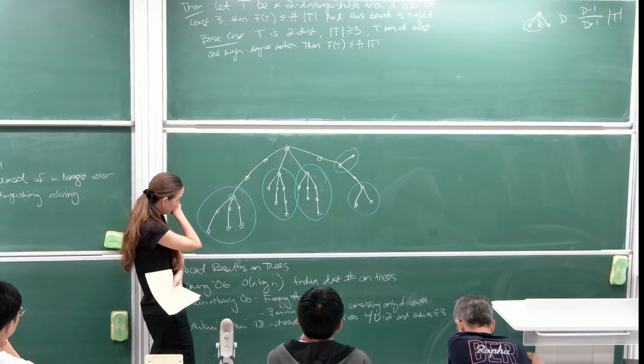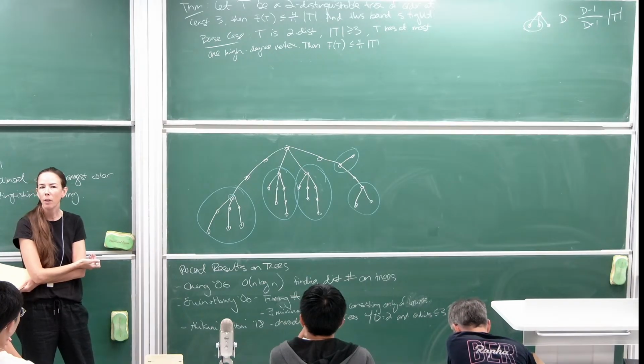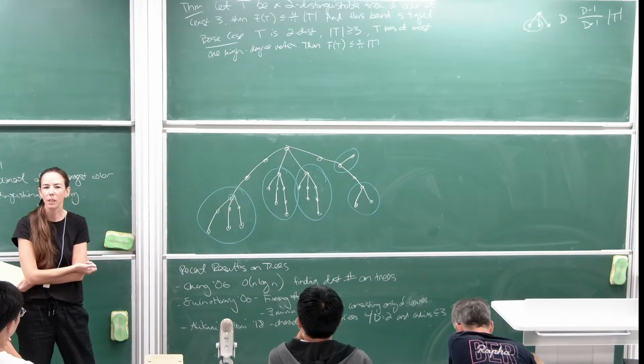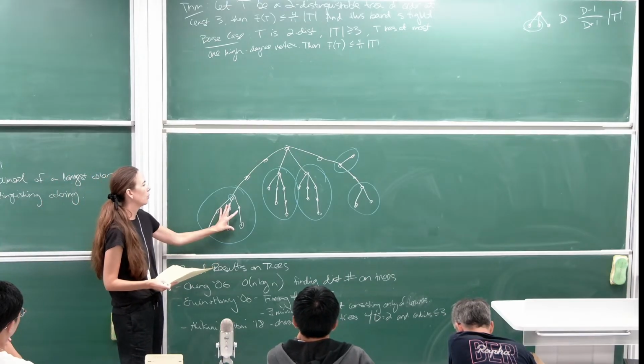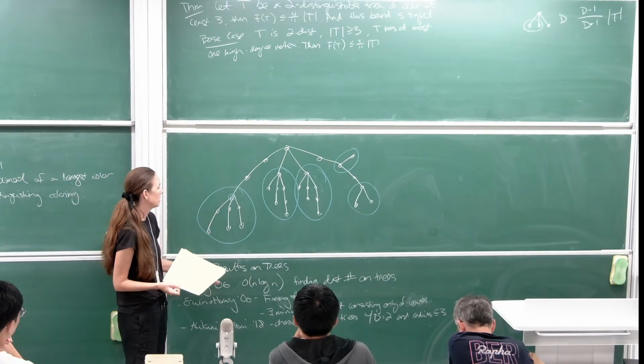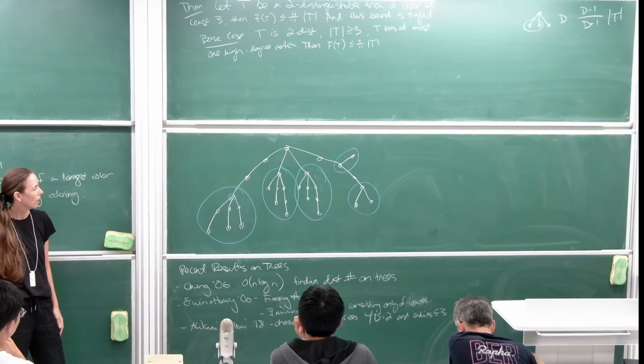Because my plan, well, first I want to claim that all of these are 2-distinguishable. If my tree is 2-distinguishable, then all of these have to be. Otherwise, I could just look at automorphisms here, and if this part is 3-distinguishable, then the whole tree would be 3-distinguishable.